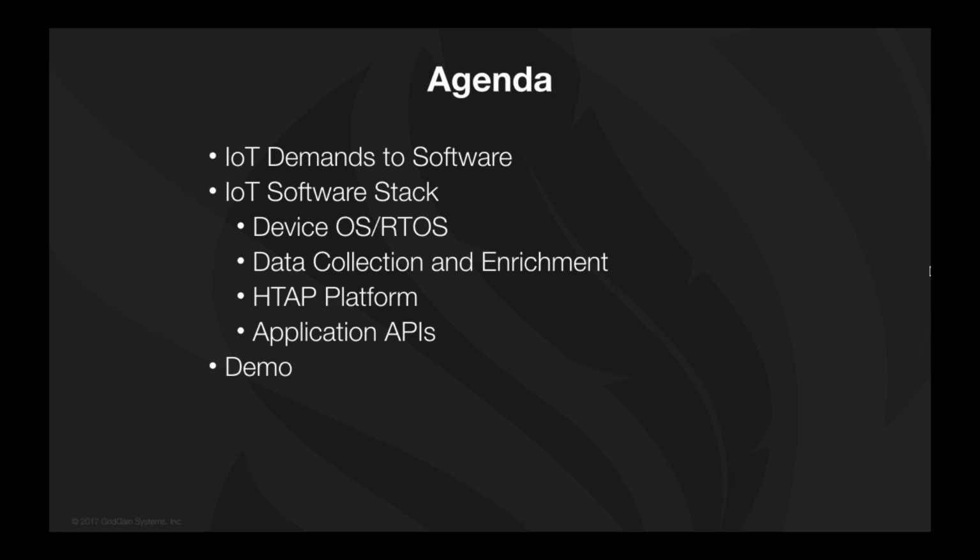And when we choose an operating system for our smart devices, or some framework for data collection and enrichment layers, or finally our HTAP platform, you must be sure that all this software provides all the APIs needed for our applications to be written and to perform well.